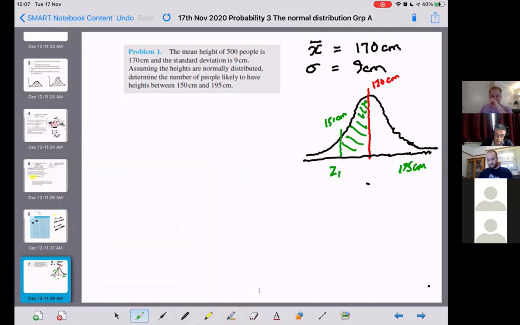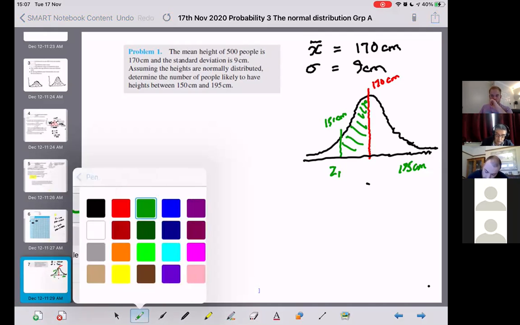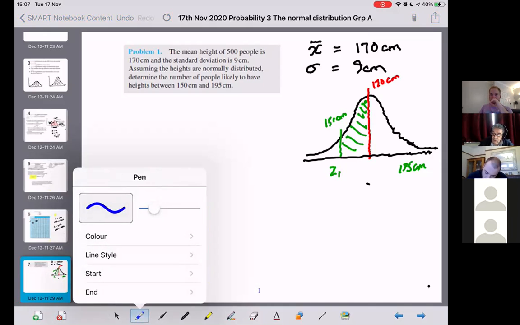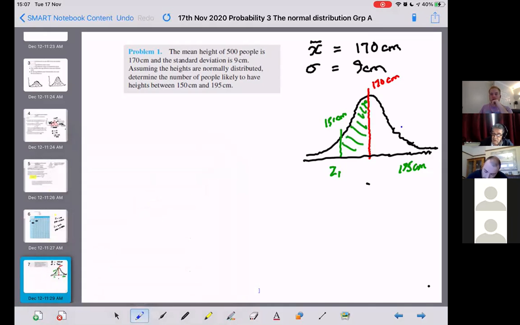And I'll use blue for 195 centimeters. When we use Z2, we'll get the area there. So to get the total area, we'll need to add the two probability values together.